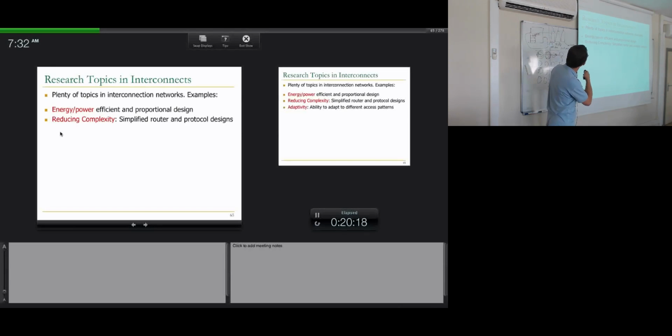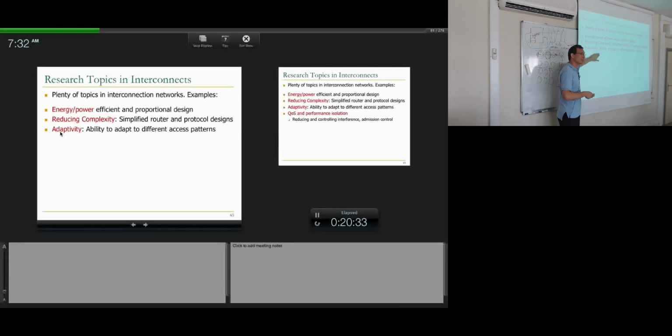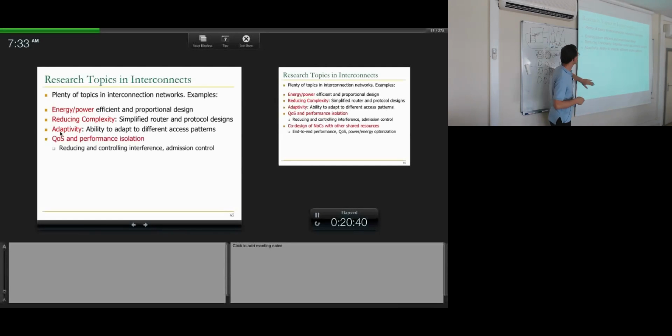So maybe I should say novel research topics, because there are a lot of topics that are interesting to look at, but they have been covered in off-chip interconnection networks, and they are easily applicable to on-chip, I think. But this part has not been covered in off-chip interconnects as much. Adaptivity, the ability to adapt to different access patterns, similar to what we've discussed in asymmetry. This is a topic that has not been covered as much, and I'm happy to talk about this.